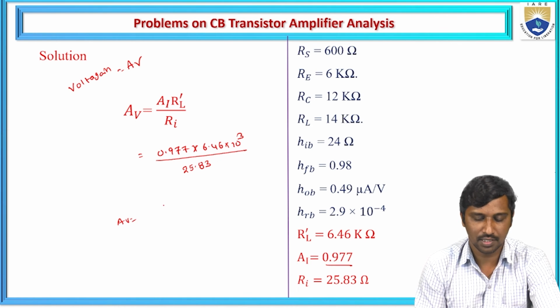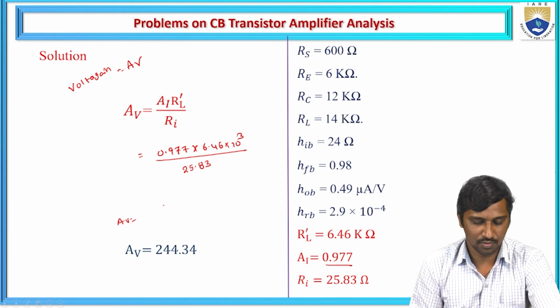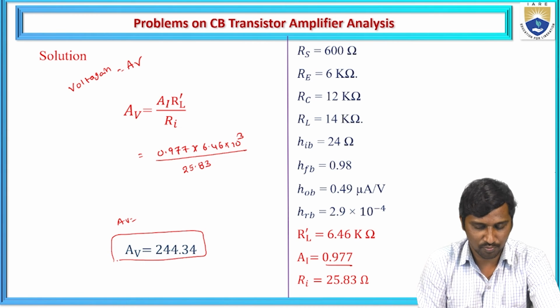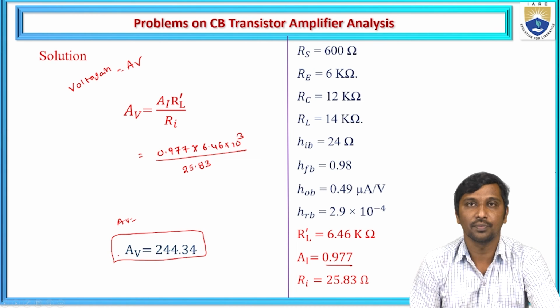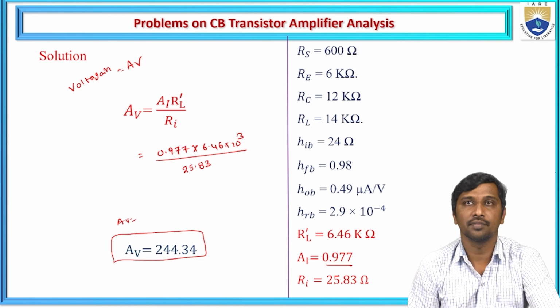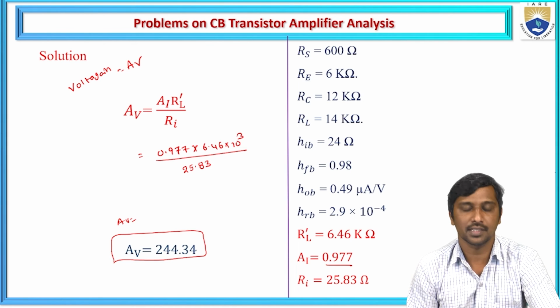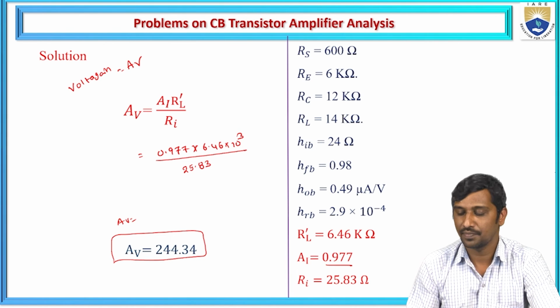Then you can solve this ratio. It gives that the voltage gain is 244.34. So this is the voltage gain for a common base transistor amplifier analysis.